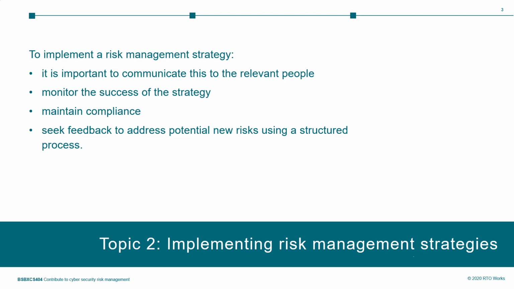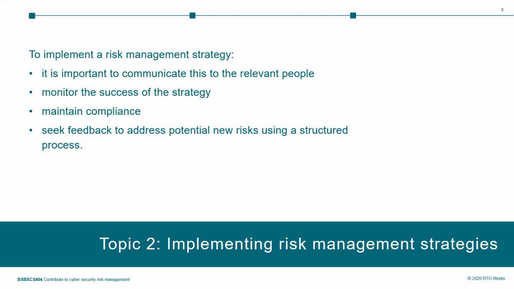So in this one, we'll be looking at implementing risk management strategies. What does that mean? Well, it means how we go about incorporating these ideas into our business. It's very important for us to communicate what these strategies are to the key stakeholders.